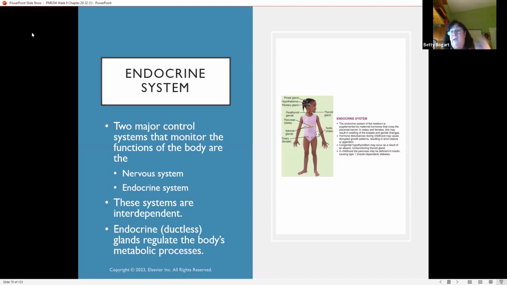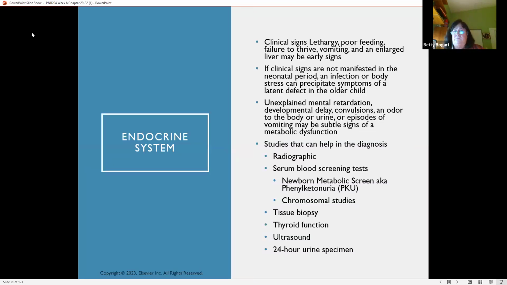And even the thyroid's all about their cognition, how smart. So when you see a child who is tired, not eating, a failure to thrive, which means they're not gaining weight the way they should, they're vomiting, and they've got a big liver, this could be something that's going on with these children.